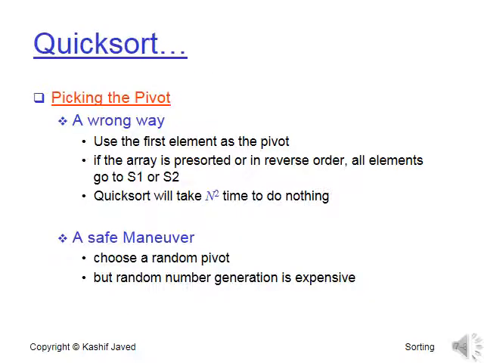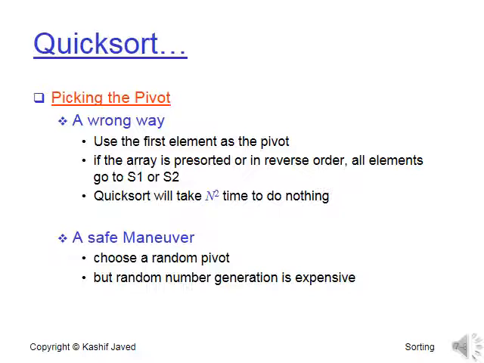We would like to pick the pivot such that our partitioned subarrays are as close to equal in size as possible. A wrong way of picking the pivot will be to use the first element in the array as the pivot.